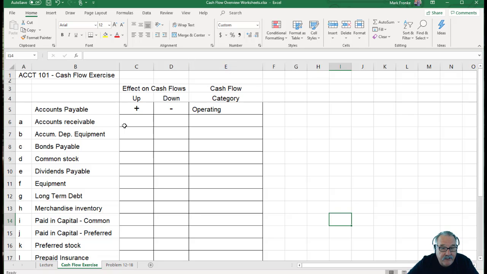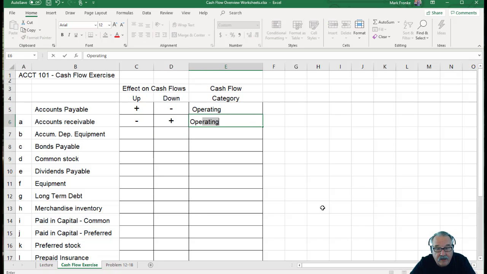Accounts receivable. If accounts receivable goes up, of course, we're on the other side of the equal sign. It has a negative effect on cash flows, and if accounts receivable goes down, that has a positive effect on cash flows, and this is an operating account, operating cash flows. Accumulated depreciation.